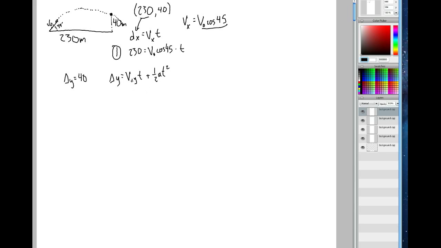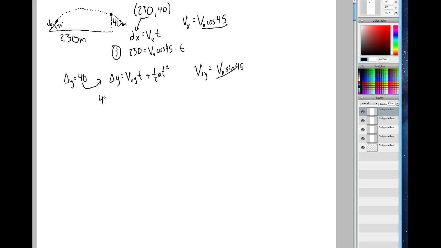Now, we don't know V naught y, or our initial y velocity, because we don't know our initial velocity. But we do know that V naught y, or voy, is V naught. To find y, we use sine of 45 degrees. So let's take this and plug it in for V naught y, so take our delta y and plug it in.